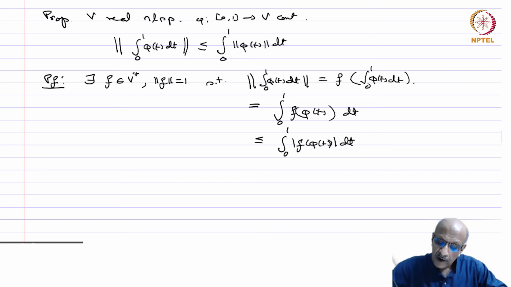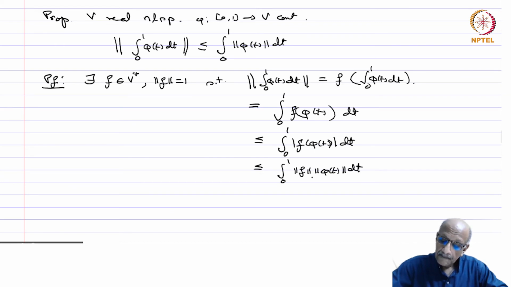But what is mod f of phi of t? f is a continuous linear function, so this is less than or equal to norm f times norm of phi of t, and norm f is equal to 1, so that you do not have to worry, and then you have proved this result. Okay.